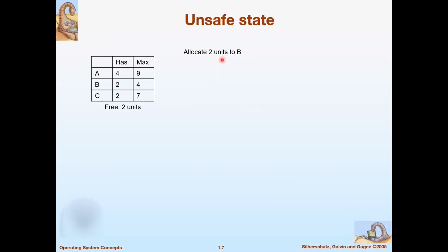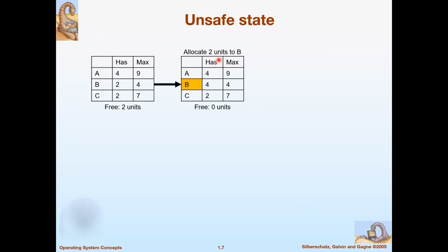For example, suppose B were allocated 2 more units, and you can see that there are only 2 units free. So B is the only process which can be served. Therefore, B gets 4 units while there are 0 units in the free storage.